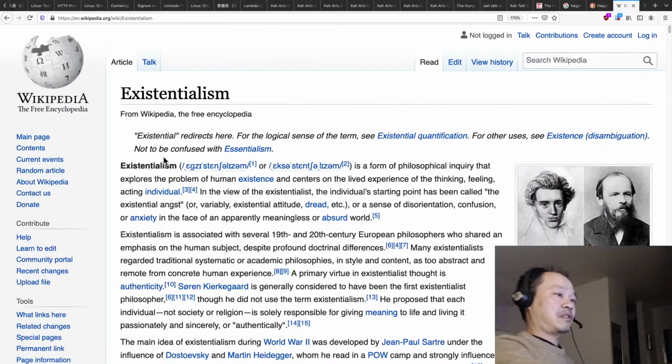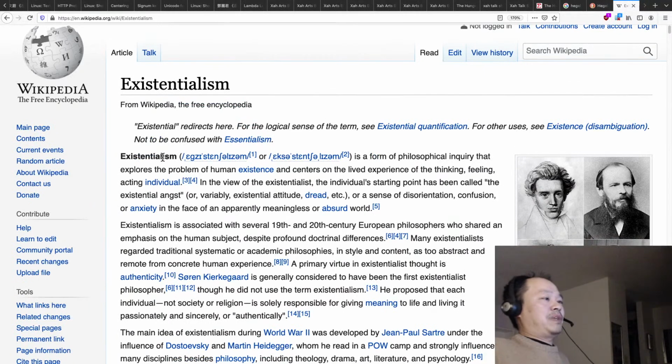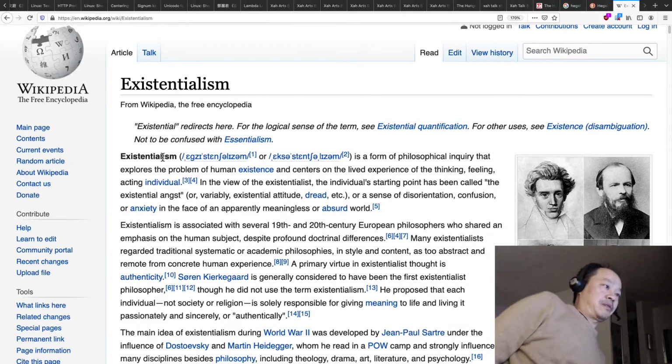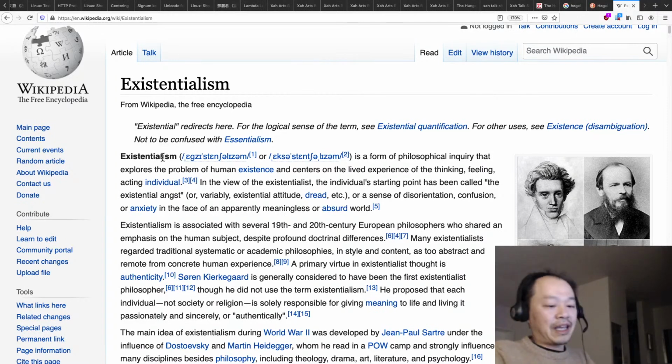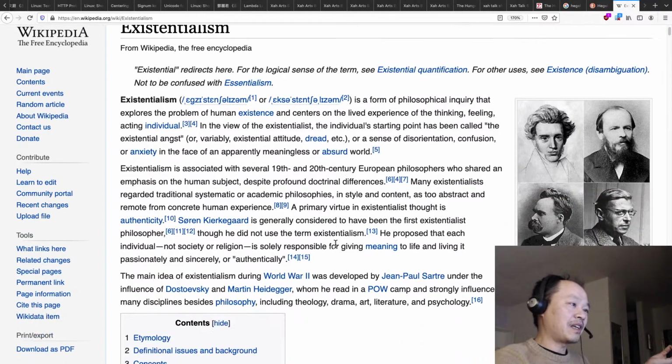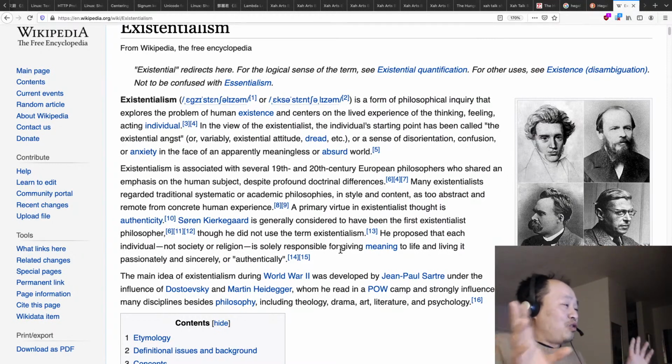I cannot really do a good job of explaining this, but essentially, forgive me if I'm wrong, professional philosophers, existentialism says that you look at the different philosophies, and they say you need to put humanity into it.